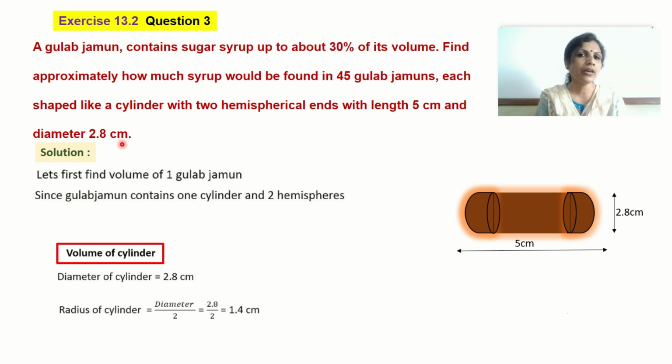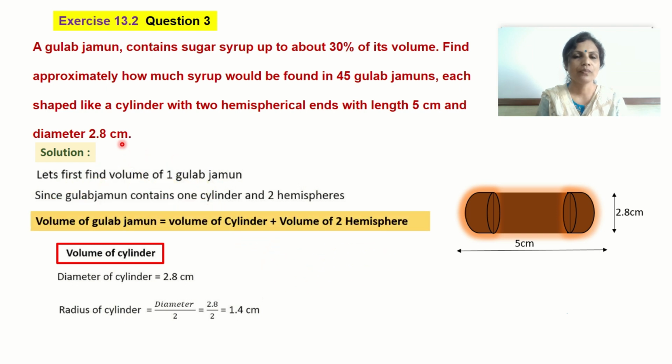So it's easy. Looking at the figure, we can make a formula to find volume of one gulab jamun first. After finding the volume of one gulab jamun, then we will find volume of 45 such gulab jamuns. So our formula will be the volume of gulab jamun is equal to volume of cylinder plus volume of two hemisphere.